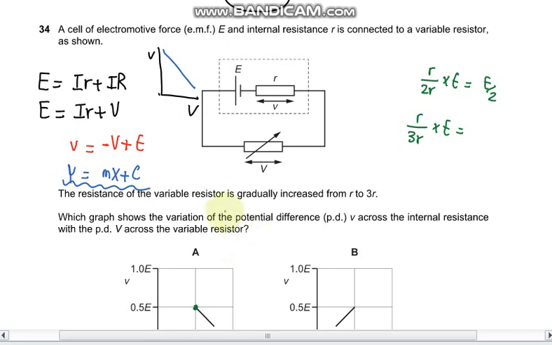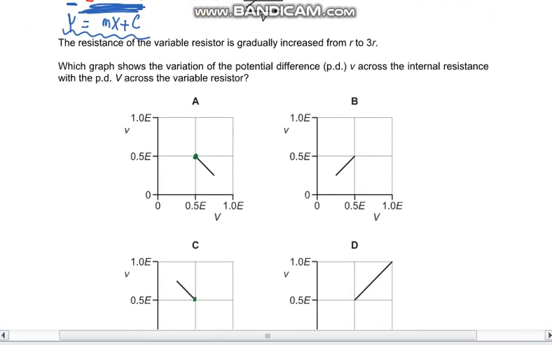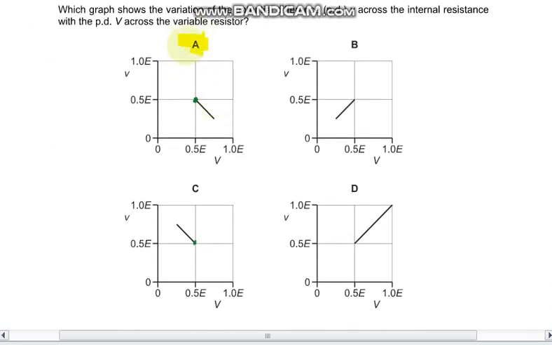First things first, E equals Ir plus IR, and E equals v plus V. Considering this as our small v, the terminal potential difference, small v on the y-axis equals negative V plus E. So that would become a graph which would be something like this.